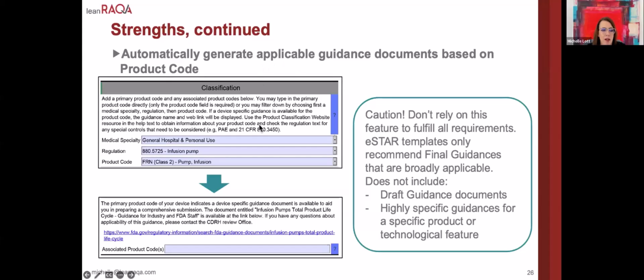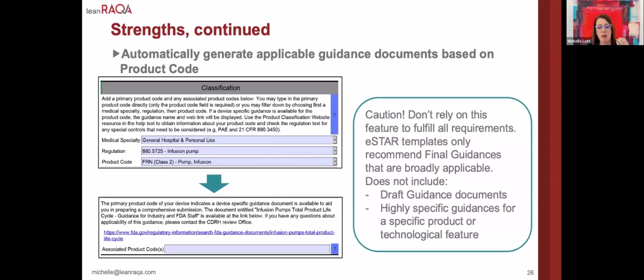The other strength is that once you populate the product code in the classification section, it will automatically populate a guidance document for you. This is not necessarily technology specific, for something like software, but here we're doing an infusion pump. The guidance document is Infusion Pumps Total Product Life Cycle Guidance for FDA Industry and Staff.